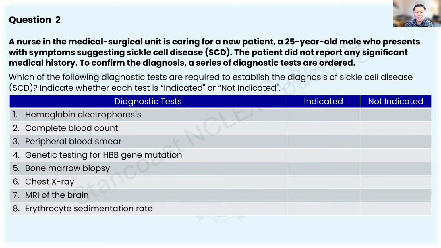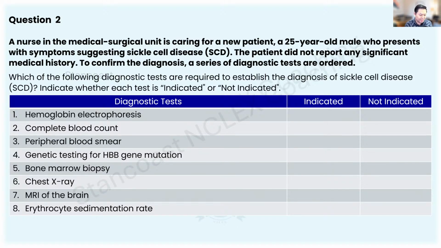The patient did not report any significant medical history. To confirm the diagnosis, a series of diagnostic tests are ordered. Which of the following diagnostic tests are required to establish the diagnosis of sickle cell disease? Indicate whether each test is expected or not expected.